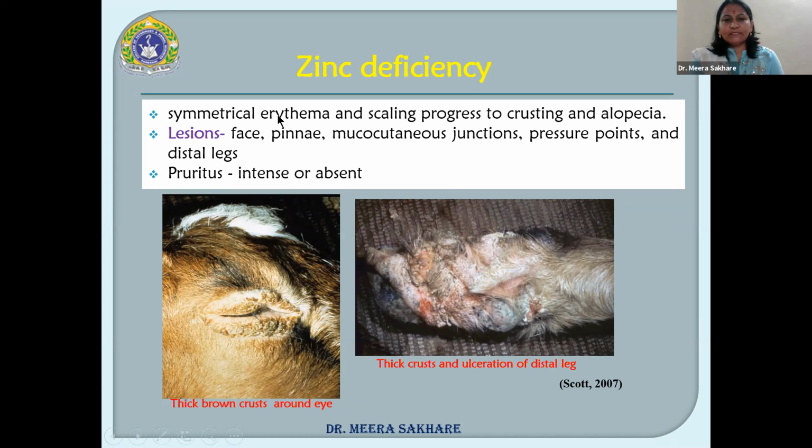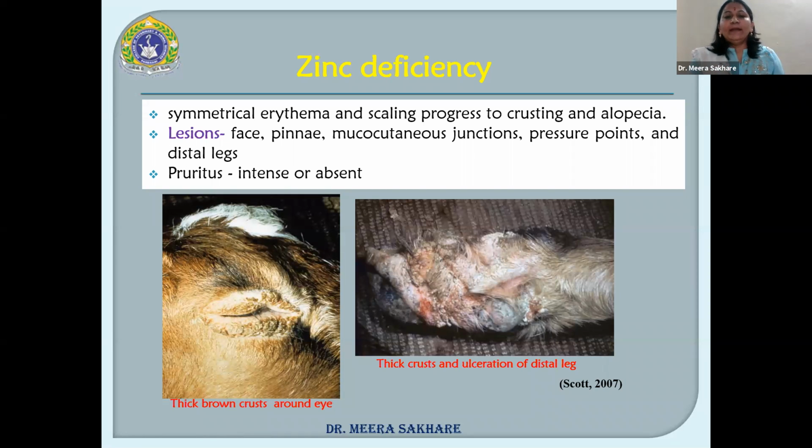In zinc deficiency, there is a symmetrical erythema. There is a reddish discoloration of the skin, and the crust and scale formation we can find around the eyes. There are thick, raised lesions around the eyes of the animal, or sometimes lesions are present on the face, ear pinna, mucocutaneous junction, or pressure points, elbow or hock joints, which are also affected.